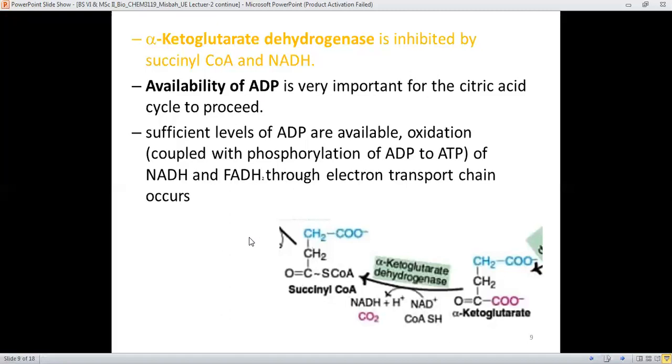Therefore, if sufficient levels of ADP are available, then the oxidative phosphorylation of ADP by NADH and FADH2 through the electron transport chain is possible.